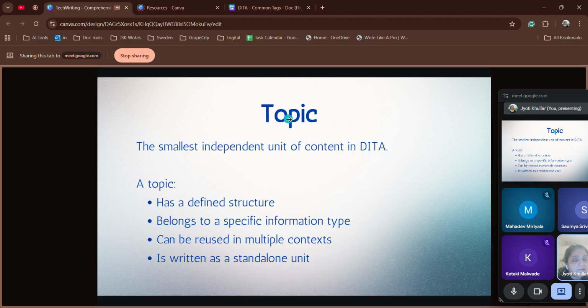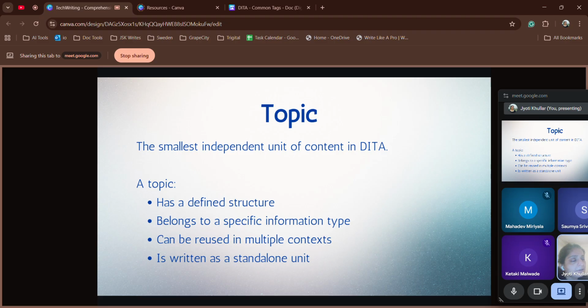Topic है क्या? Topic is the smallest independent unit of content in DITA. When we talk in terms of DITA, topic is the smallest thing. Again, it has a defined structure. So if you are writing concept topic, it will have defined tags, defined structure that you will have to follow. It belongs to a specific information type.